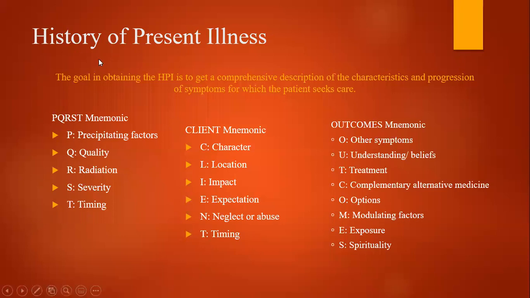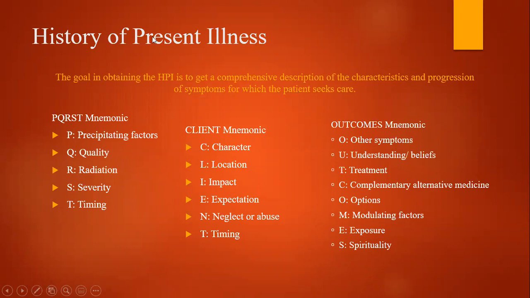Here we go with a little bit more explanation about the history of present illness. The goal in obtaining the history of present illness is to get a comprehensive description of the characteristics and progression of symptoms for which the patient is looking for care.